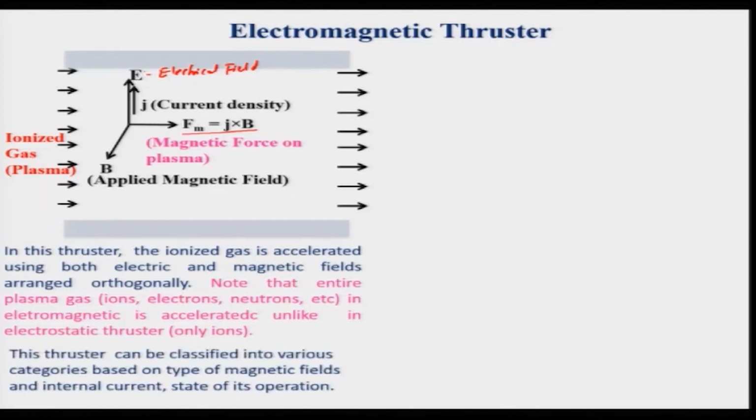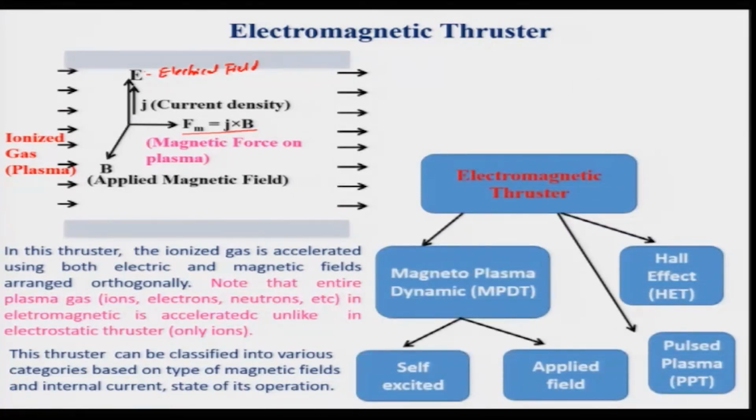The thruster can be classified into various categories based on the type of magnetic fields, internal current and state of operation. Let us now classify the electromagnetic thruster broadly into two categories. One is steady, and the other is unsteady or pulse mode.